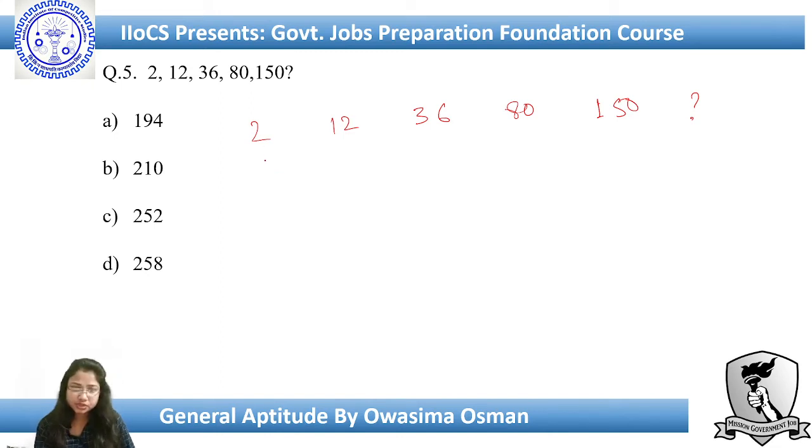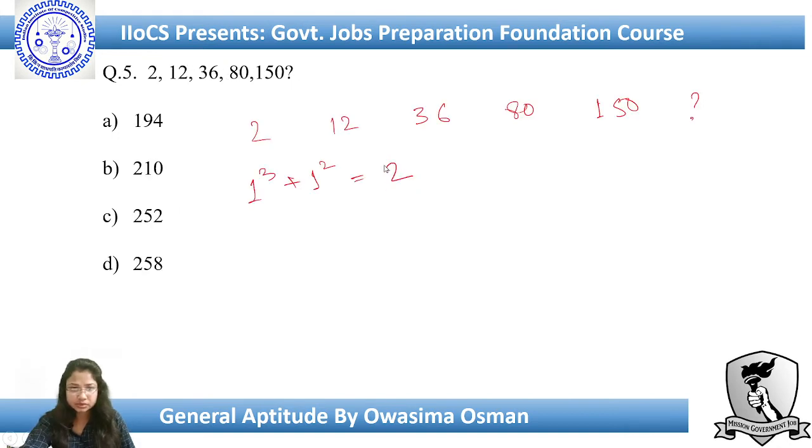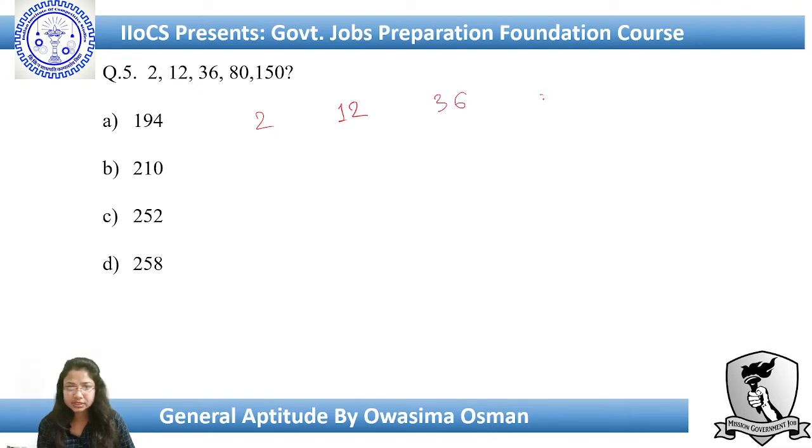So 2 equals, we can write 1 cube plus 1 square, sorry guys, 1 cube plus 1 square equals 2. I am writing it in this way, it will be more comfortable. 36, 80 and 150.